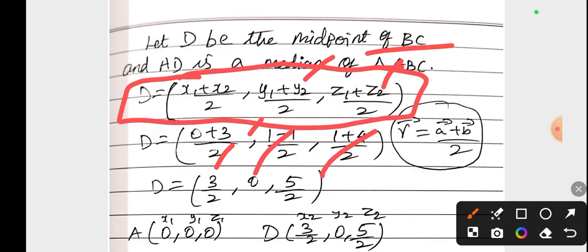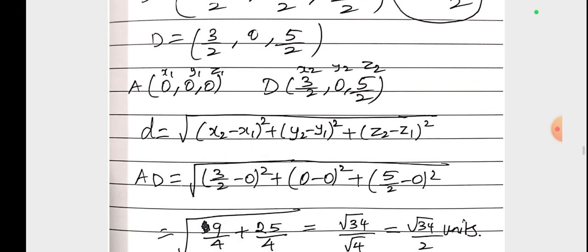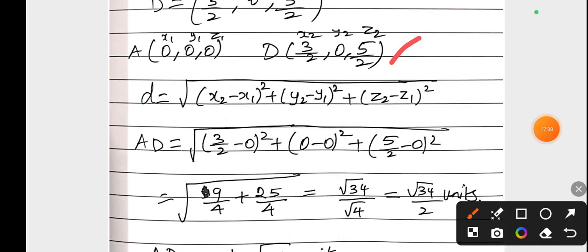You know children, this is usually for vectors r vector equal to a vector plus b vector divided by 2. That way. Then 0, 0, 0 and D, we are finding the distance formula: root over x2 minus x1 the whole square plus y2 minus y1 the whole square plus z2 minus z1 the whole square.